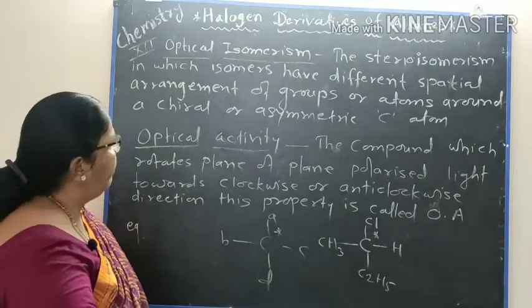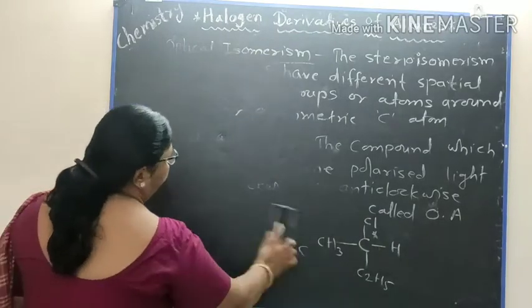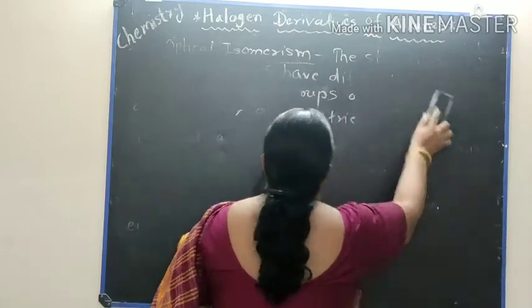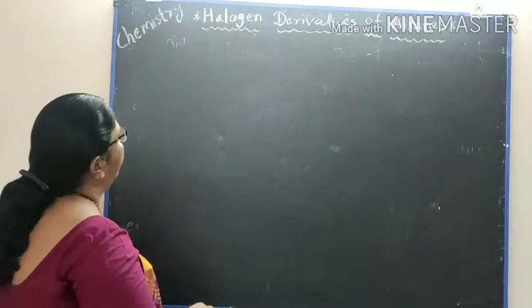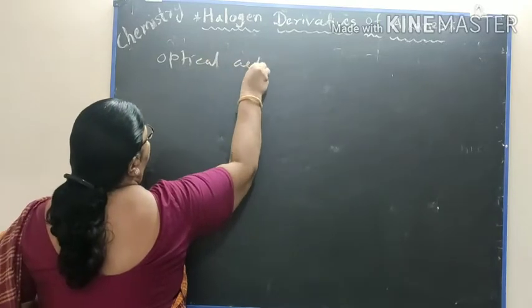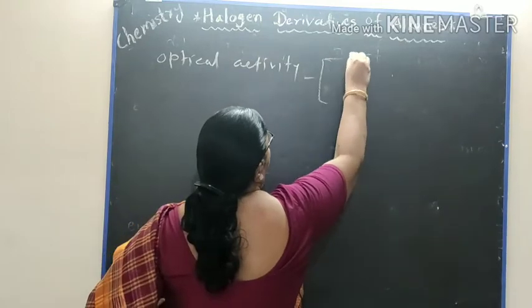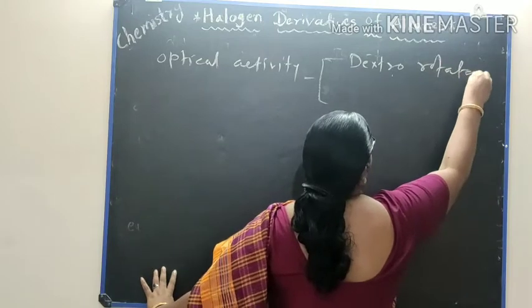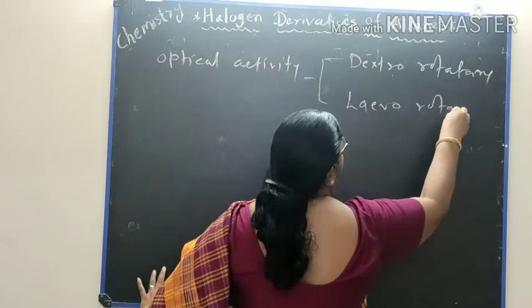Optical activity is mainly considered of two types: first, dextrorotatory and second, levorotatory.